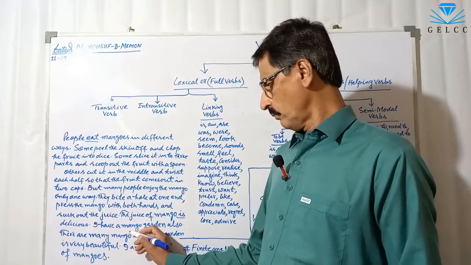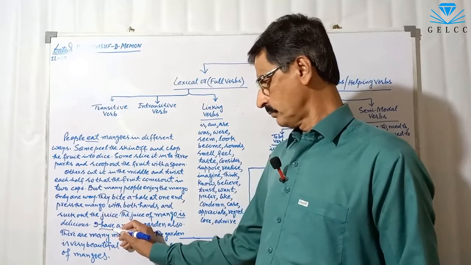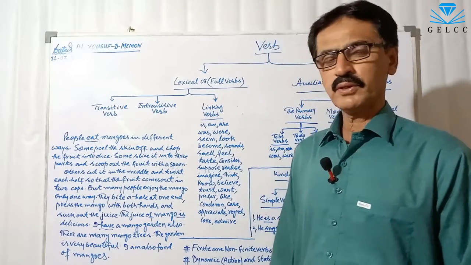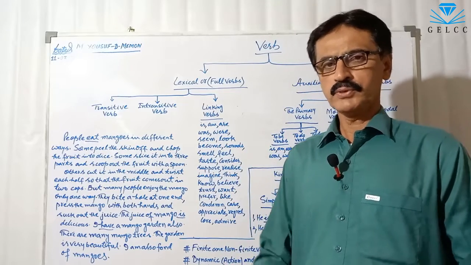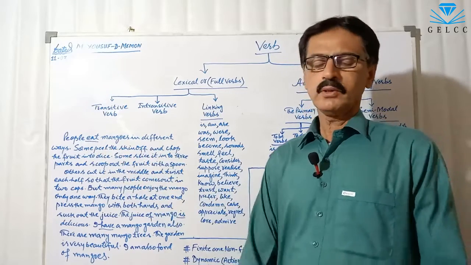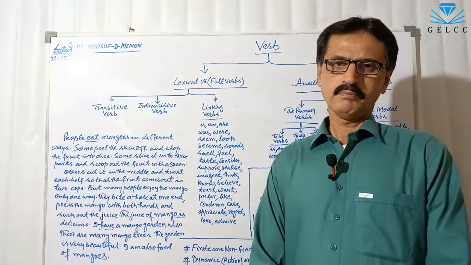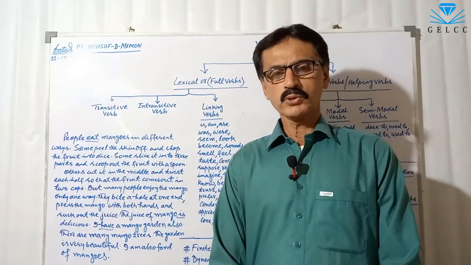I have a mango garden. These are 3 verbs. People eat mangoes in different ways. This verb shows action.